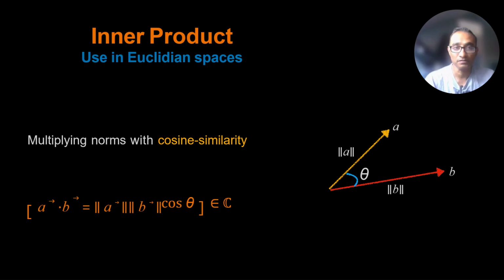To start with, multiplying norms with the cosine similarity is done on the basis of the vectors and the angle between them. Taking the cosine of that angle will help you calculate the cosine similarity.